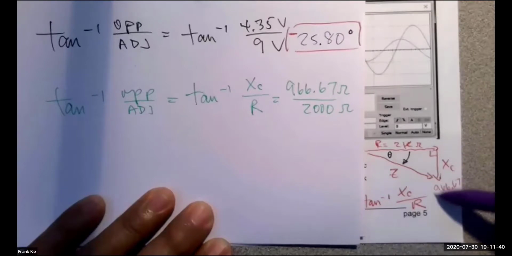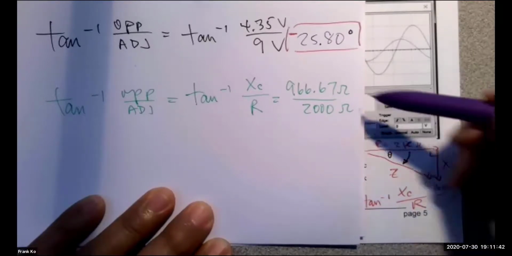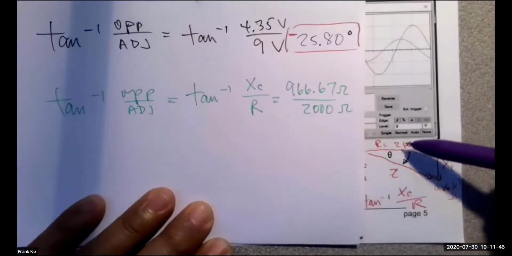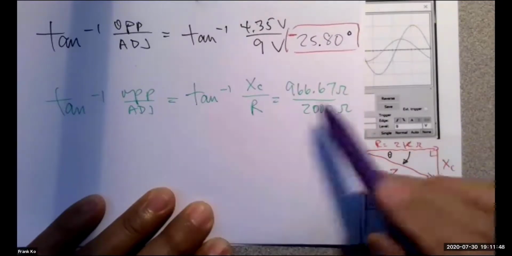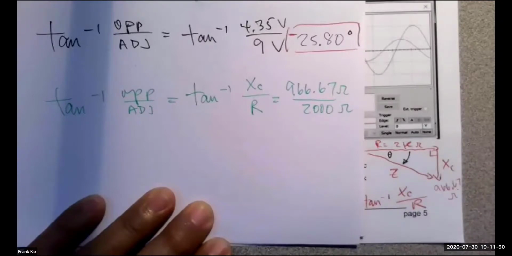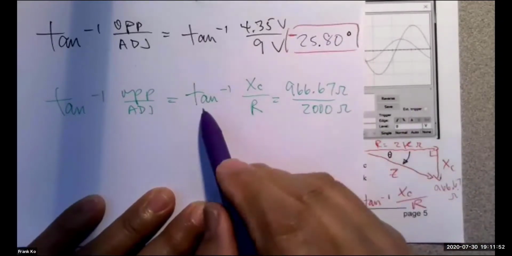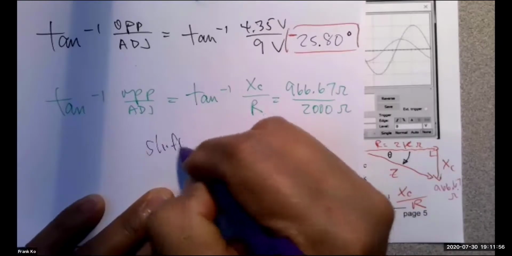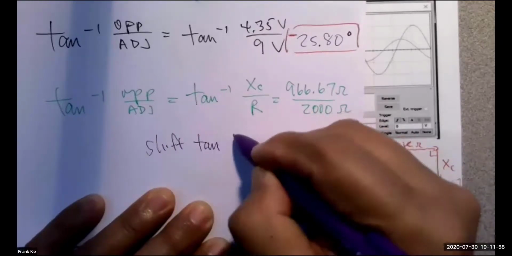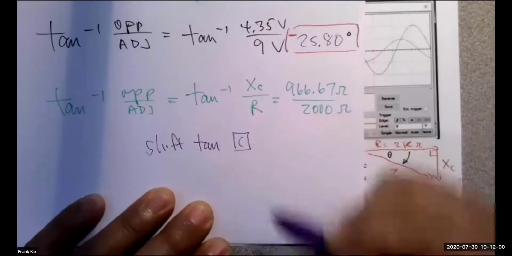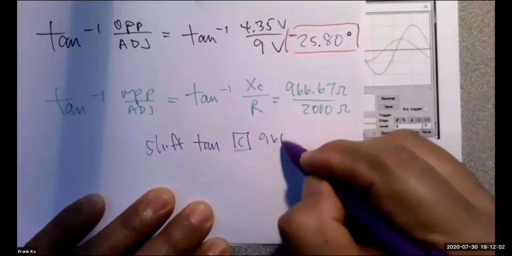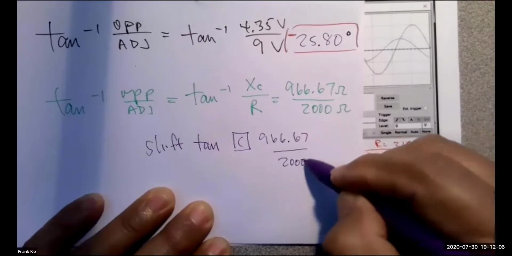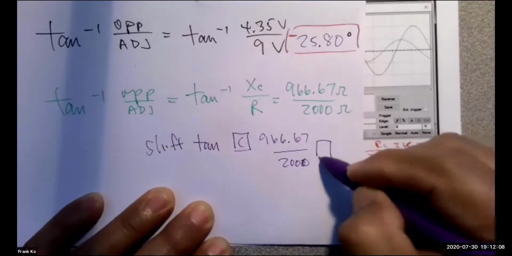Opposite is 966.67. Opposite is the number that goes on the top of the fraction, and the adjacent is what goes in the denominator, which is 2000. So everybody do this: shift tan, open parentheses, 966.67 divide by 2000, and close parentheses.